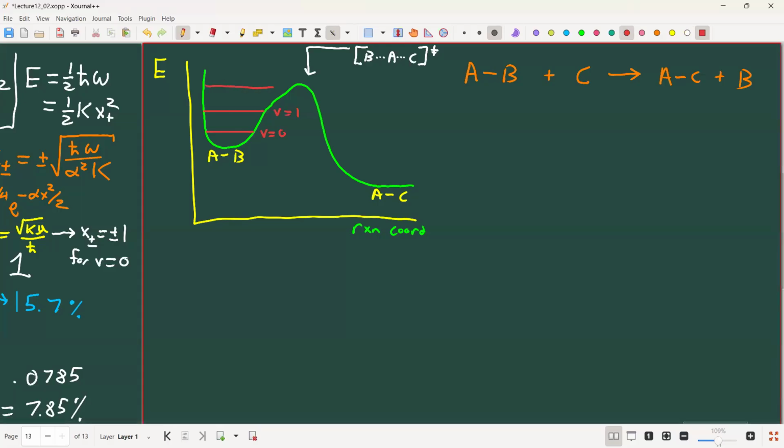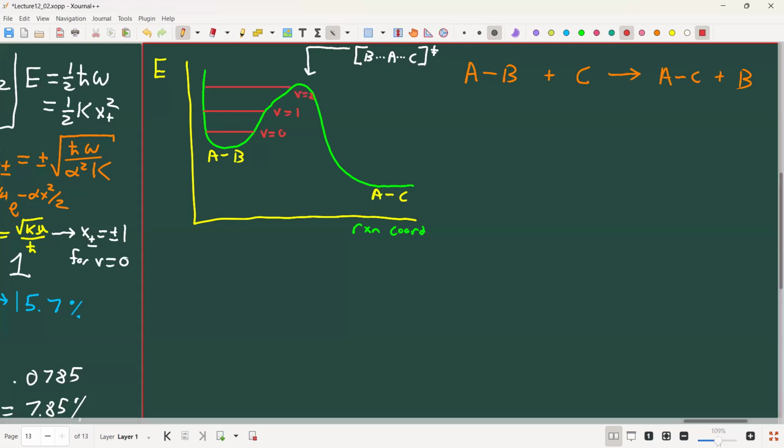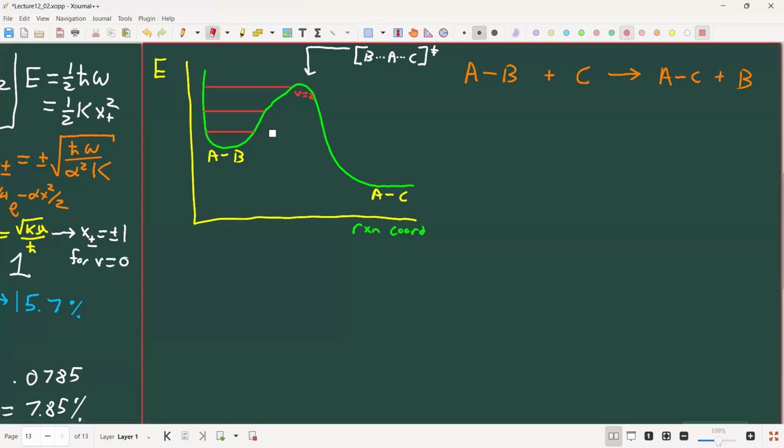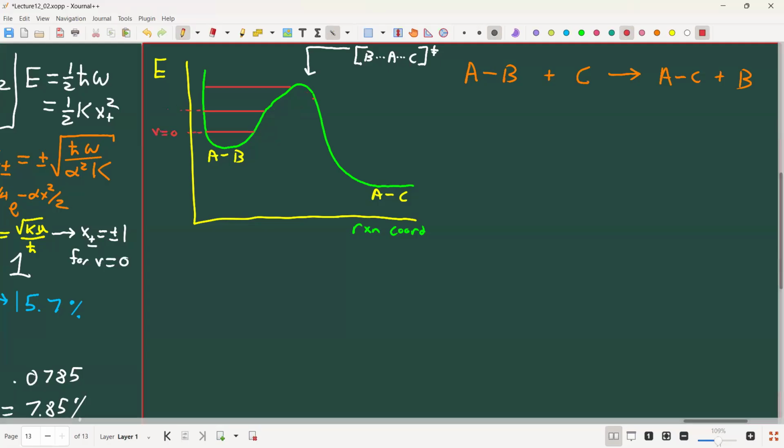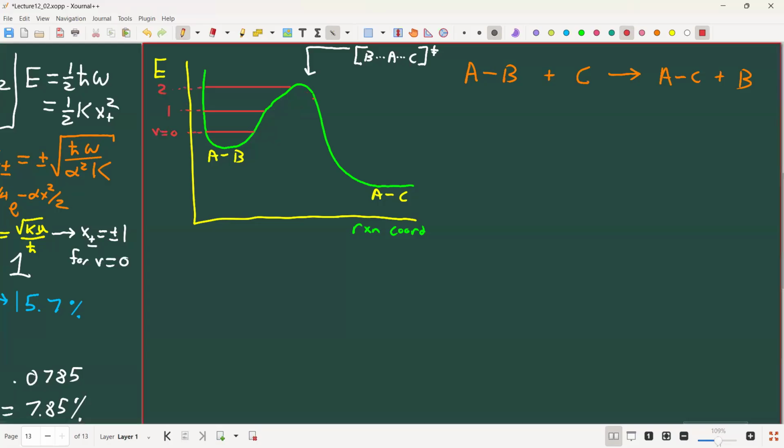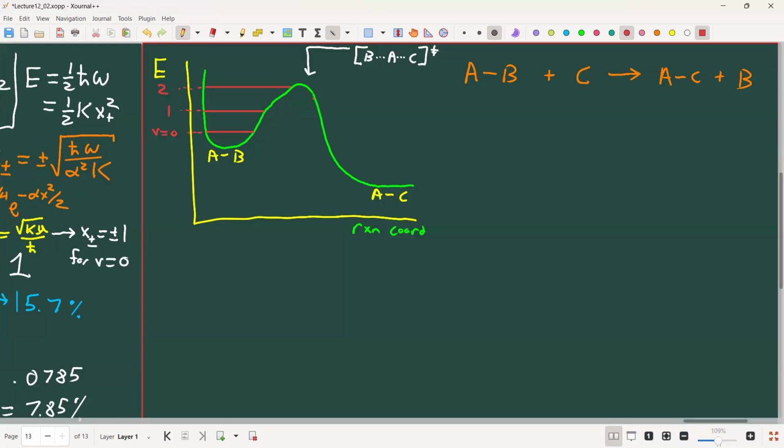And we'll say that V equals 2, for instance, just happens to be right at the barrier. I'm going to move those labels so they're not in my way. Just a second. I'll put them on the left. So you can imagine this is an exaggerated plot. There's probably many, many more levels than just 3, but just bear with me.